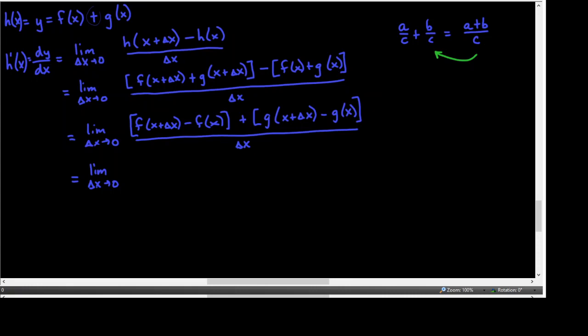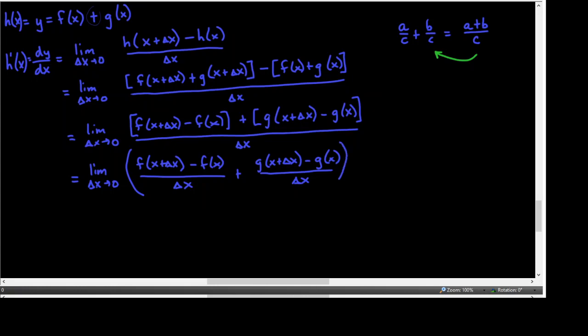So I'm going to make this f of x plus delta x minus f of x over the common denominator delta x, plus g of x plus delta x minus g of x all over delta x.